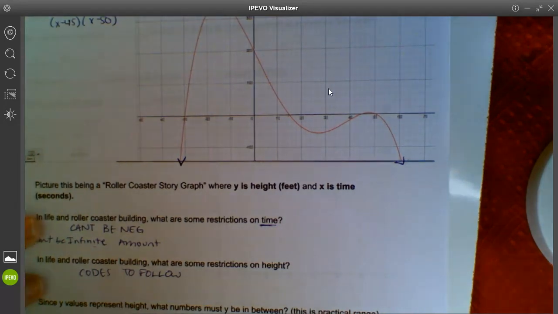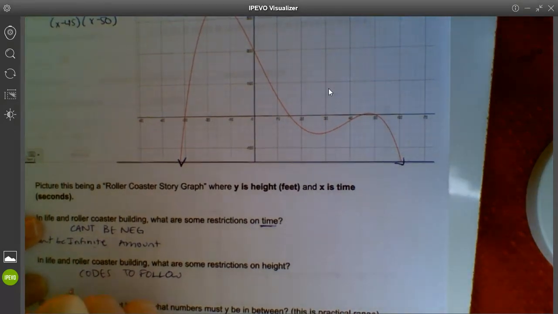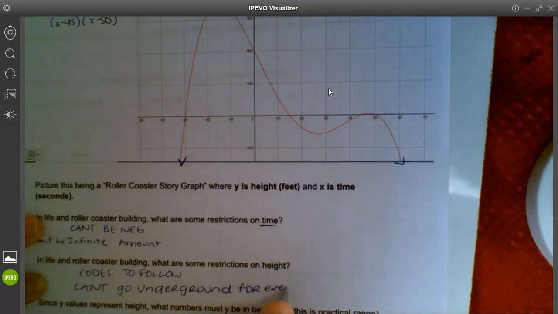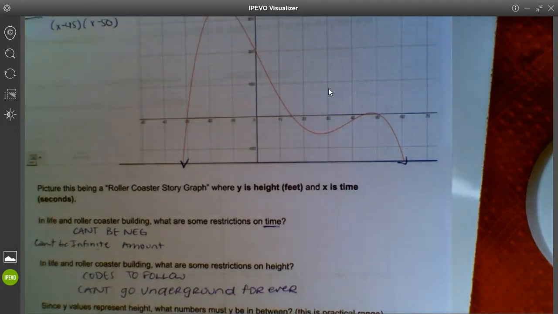Also, you can't go down forever. You can't go underground forever. There has to be some restriction on how low you can go. Well, there are tunnels in roller coasters. You can go underground, so we don't want to say there are no negative heights, because negative heights take us underground.